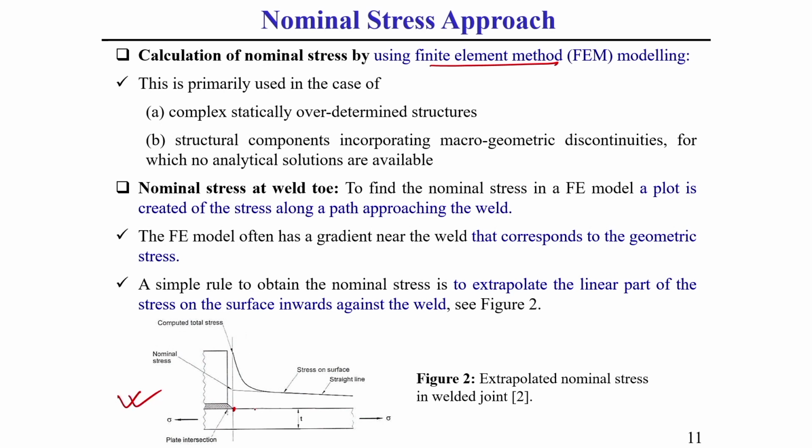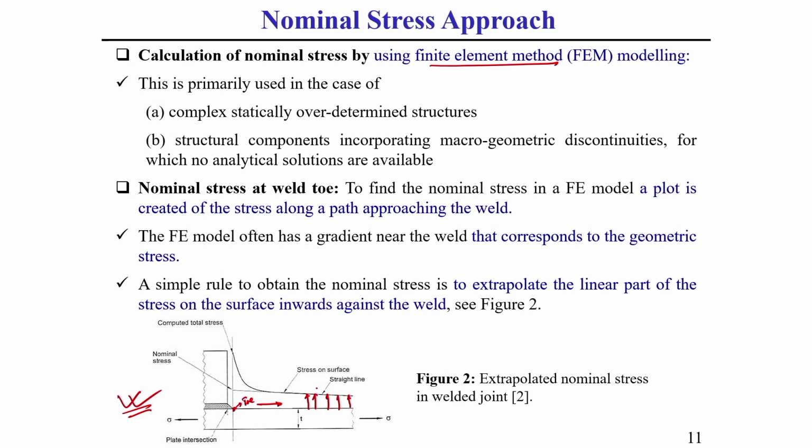Once we plot the stress distribution, I have shown one example here. For this type of welded structure, if we calculate the stress distribution from the weld toe to away from the weld toe zone, we can see the stress distribution varies like this. As we come closer to the weld toe, the stress magnitude gradually increases.